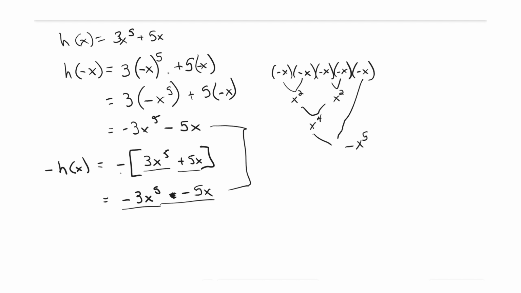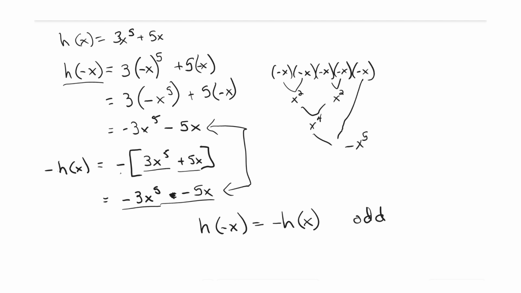This is the function that we ended up with when we plugged in a negative x to h of x. So what we have found is that h of negative x is equal to, in this case, negative h of x for this function. And that in itself makes the function an odd function.